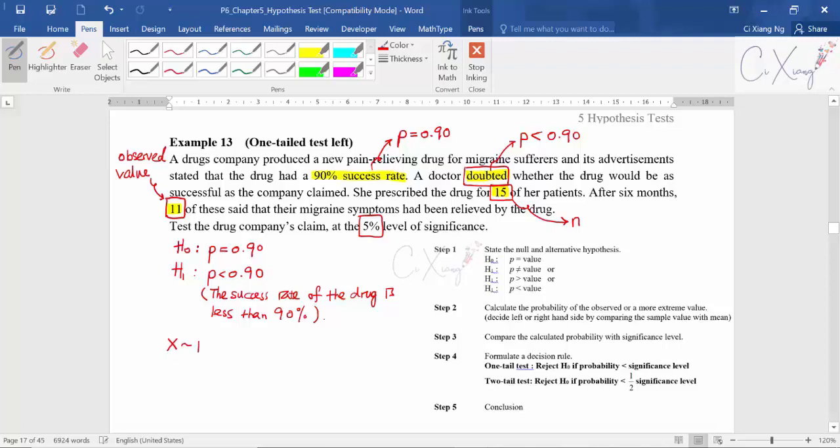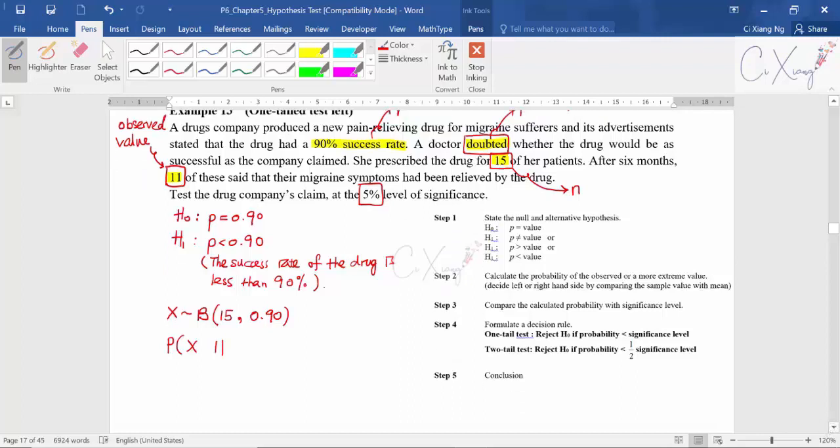So you have to write it out first: X is binomially distributed. What is the n? You are using a sample of 15 patients. And the probability for the success rate is 0.9. You assume that this is correct, 0.9, the p. Then they want you to calculate the probability, so you want to calculate the probability that X is 11.